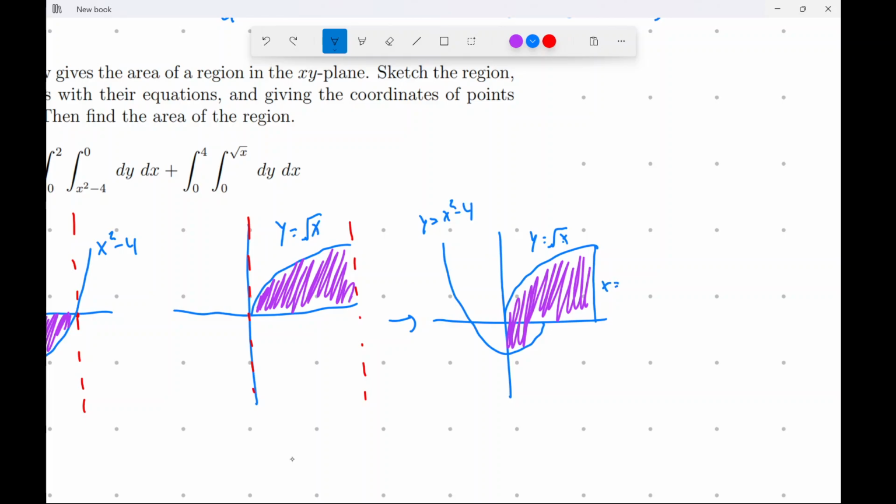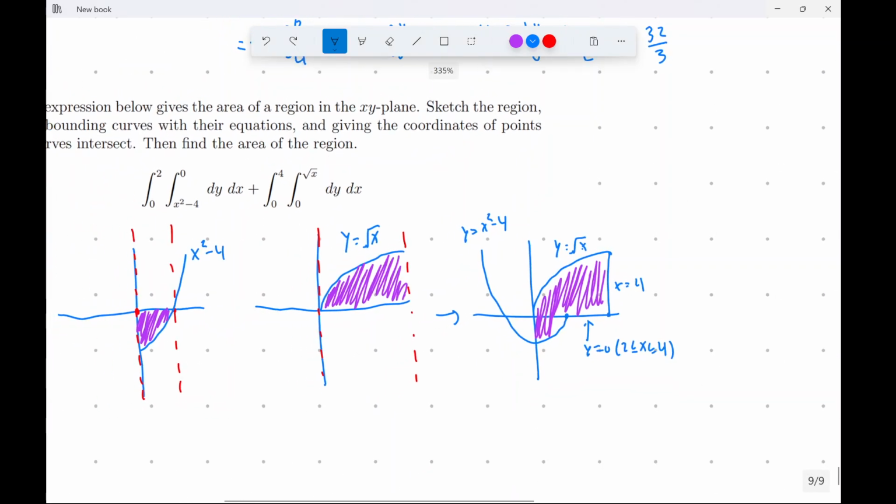This one is x is equal to 4. And then this horizontal line from here to here is y equals 0. And x on that curve specifically is between 2 and 4.